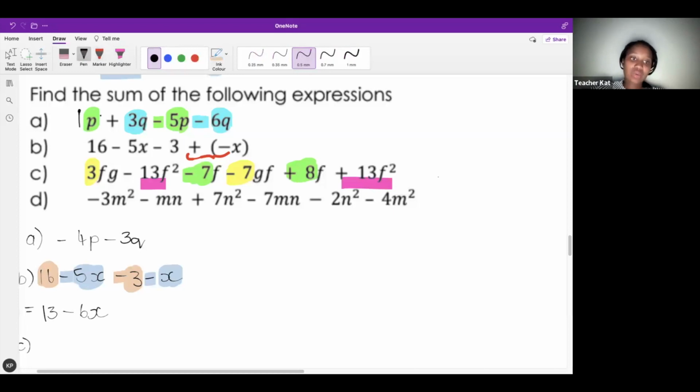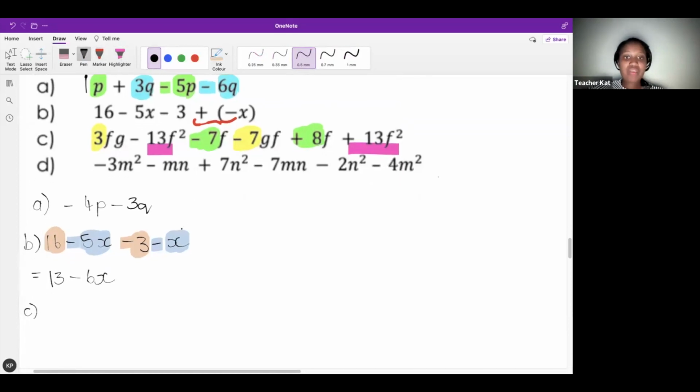Now let's start with the yellow, guys, okay? 3FG minus 7FG or GF. What's 3 minus 7? That's negative 4FG. And then the green one's negative 7F plus 8F.